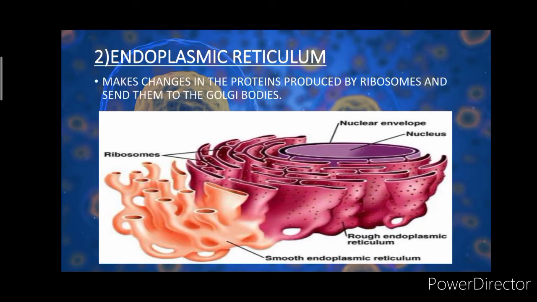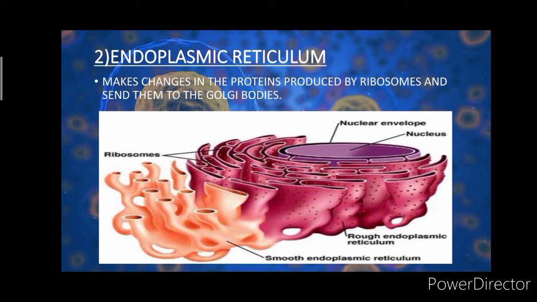The main function of an endoplasmic reticulum is to make changes in the proteins which are produced by ribosomes. Now ribosomes are another organelle which is present inside the cell. Their duty is to produce proteins. So the proteins which are prepared by them are processed. Some changes are made in those proteins and they are sent to the Golgi bodies.